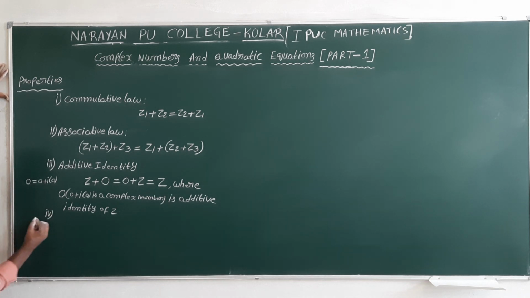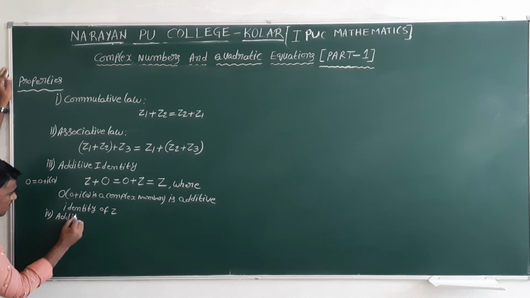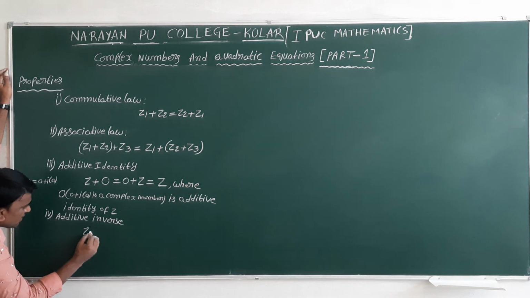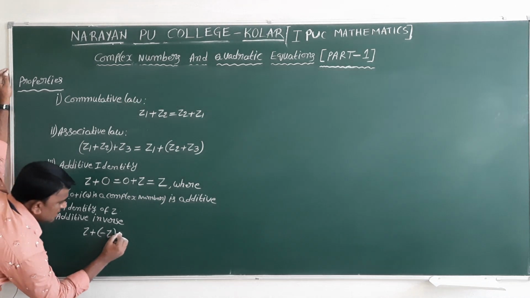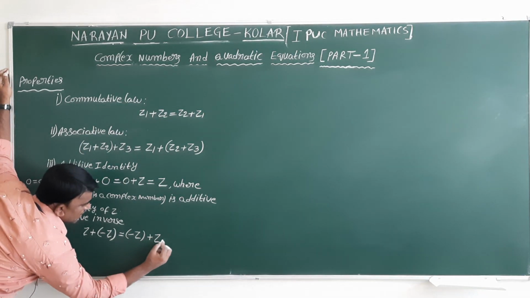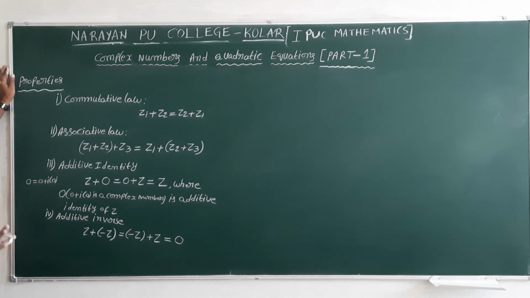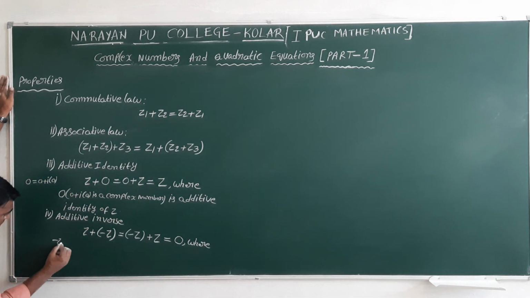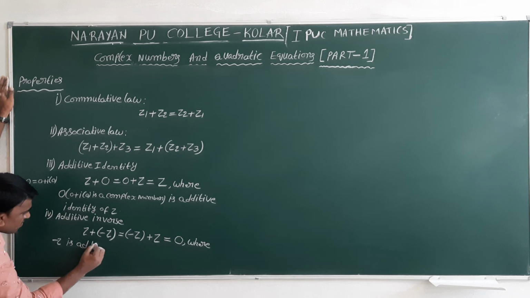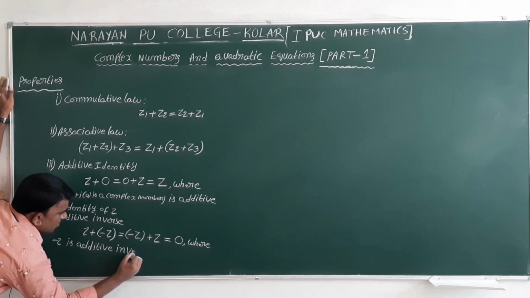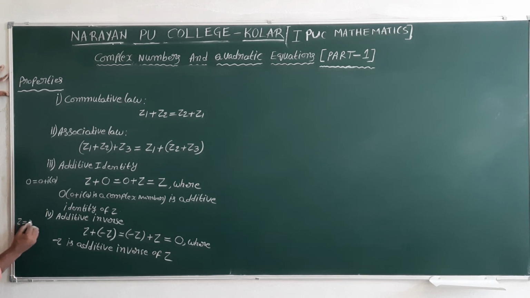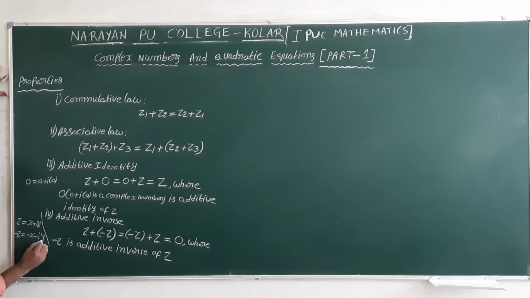Next, the fourth one, additive inverse. The additive inverse property is Z + (-Z) = (-Z) + Z = the zero complex number, not 0 only, the zero complex number, where -Z is the additive inverse of Z. For example, suppose Z is x + iy, so -Z is nothing but -x - iy, multiplying with minus.